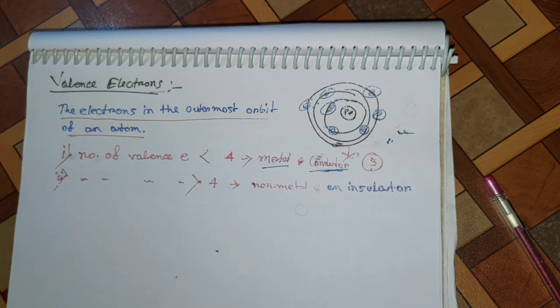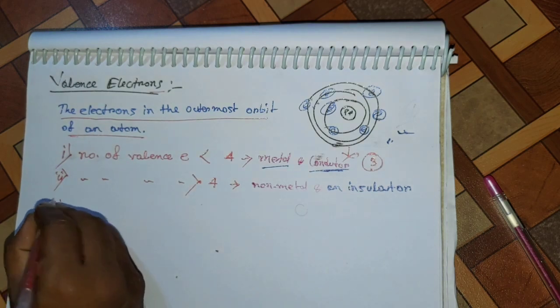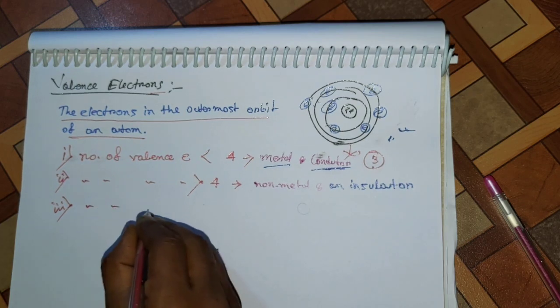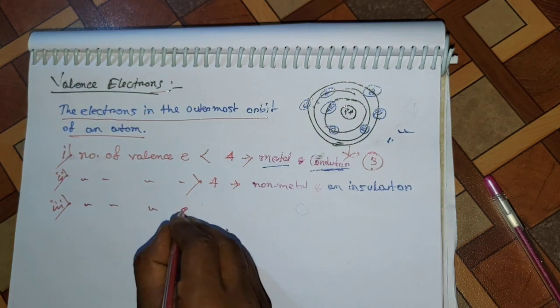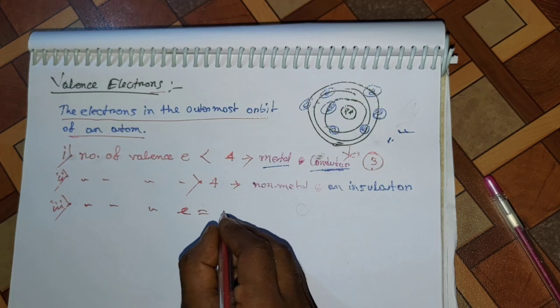The third condition is when the number of valence electrons is equal to 4.